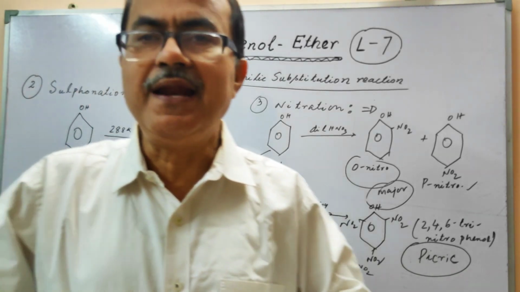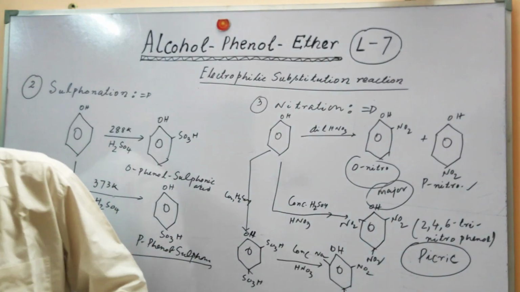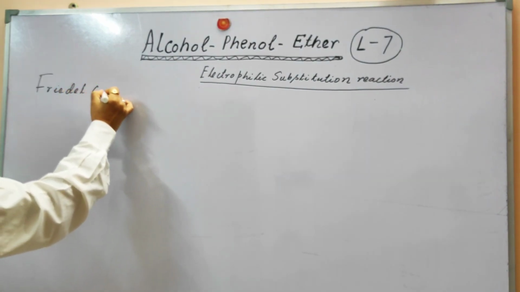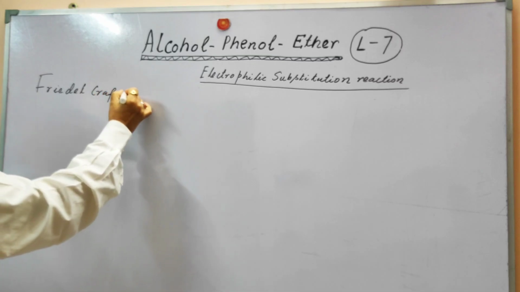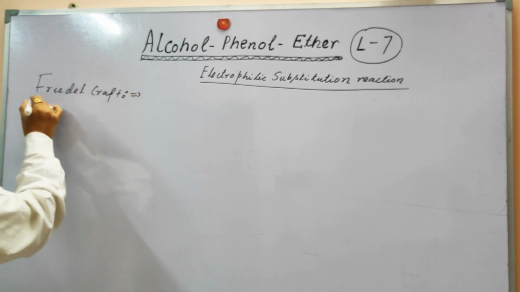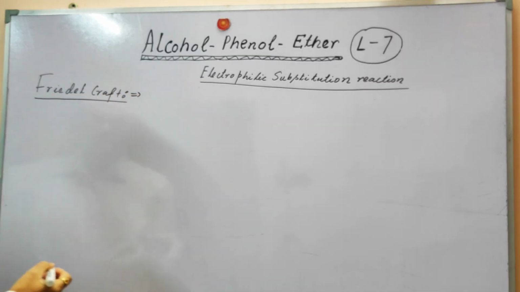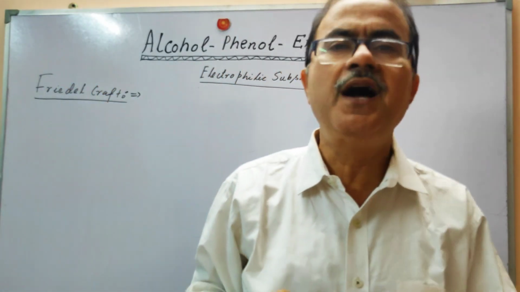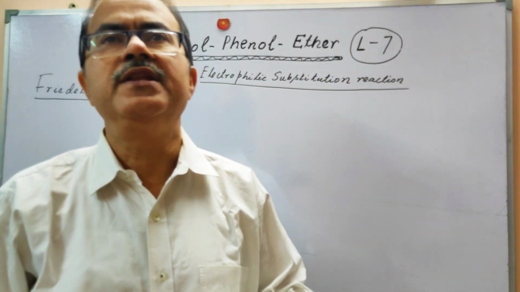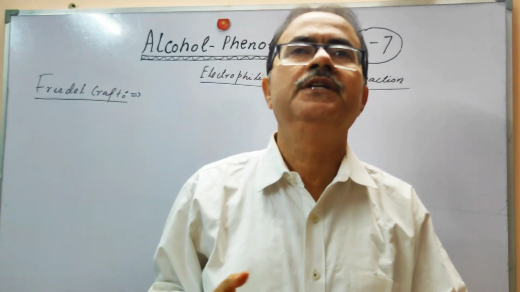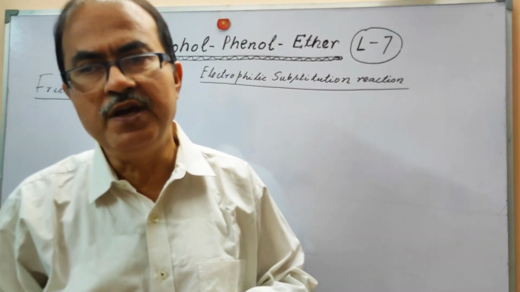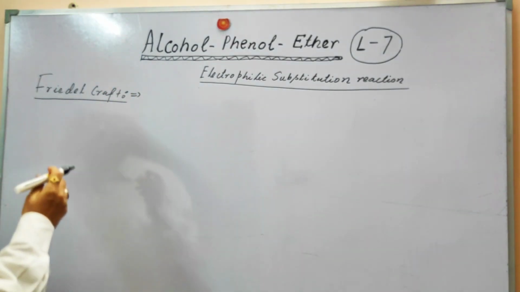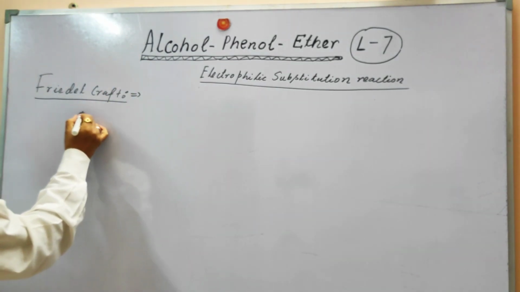Now we are going to discuss another very important reaction, the Friedel-Crafts reaction. In this reaction, the phenol is reacted with methyl chloride or some alkyl chloride in the presence of anhydrous aluminum chloride. So this reaction will be like this.